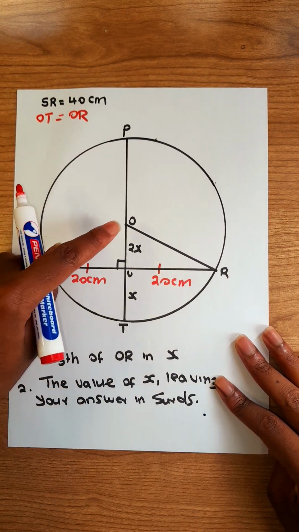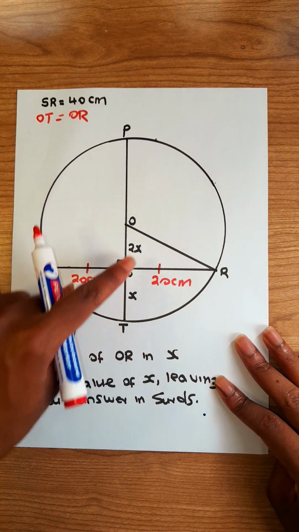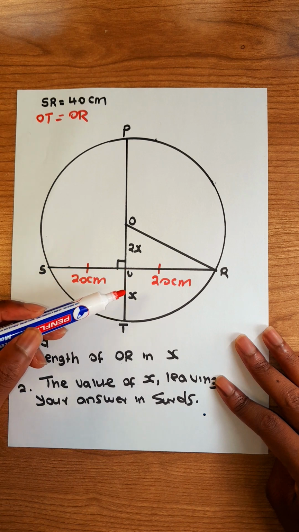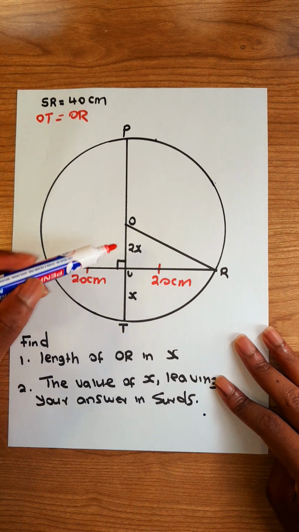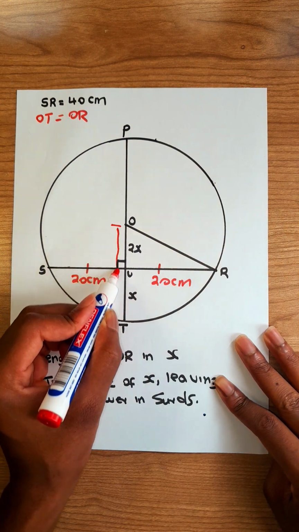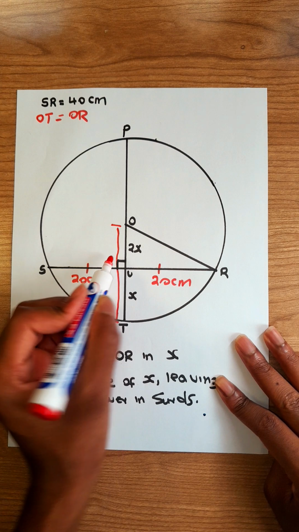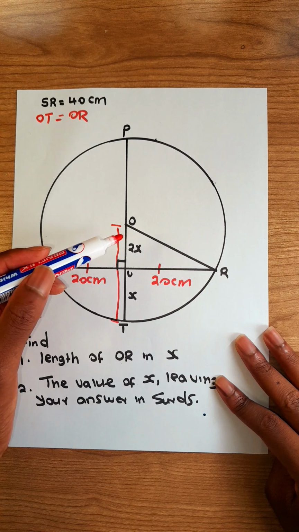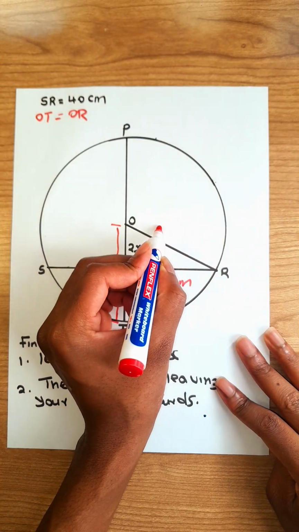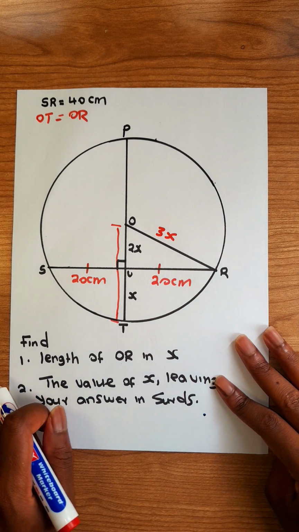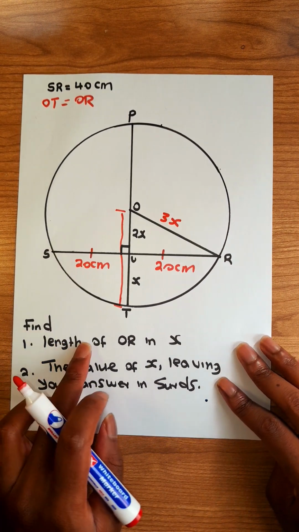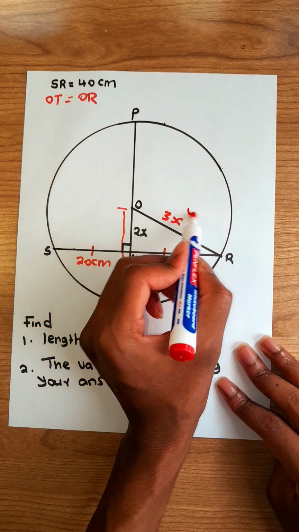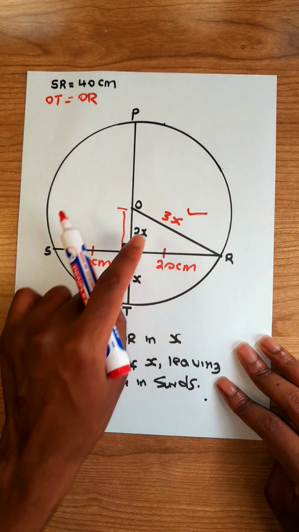OT equals 3x, because this is OU and UX, and if we add them, it is going to be 3x. Can you see? So it means that even OR is going to be 3x because it equals OT. Now the question says we need to find the length of OR in terms of x. So we have actually found it: OR is just 3x.